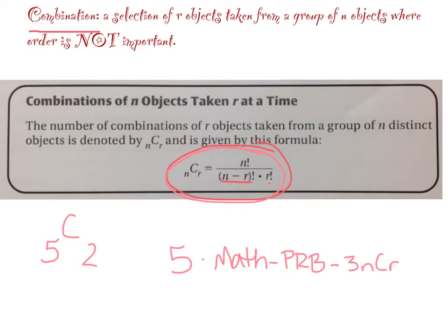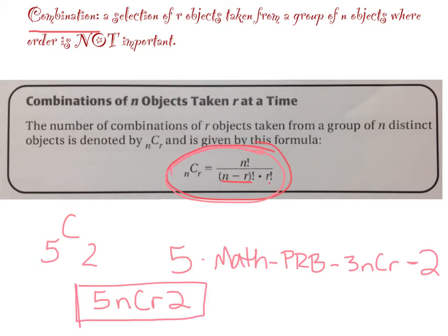And then you put in whatever number your R is, so in this case you'd put the 2. So that when you type it in the screen it looks like this, 5 NCR 2. And then you hit enter and it will do it for you. So you do have that option of using the calculator, but you have to know this formula.